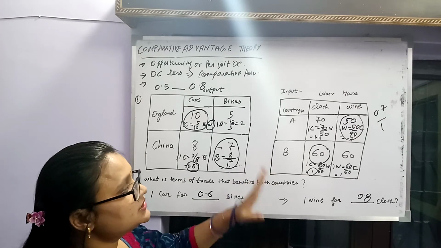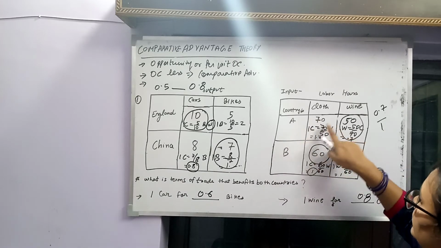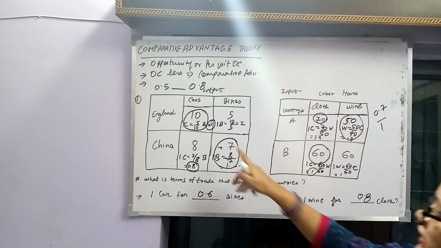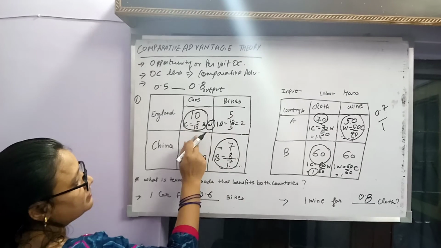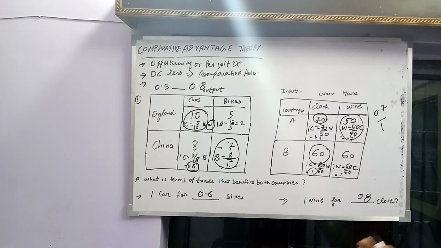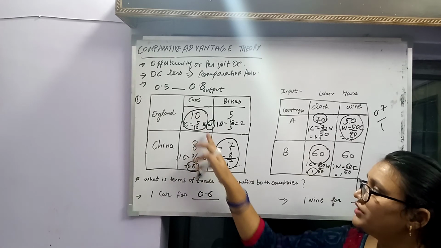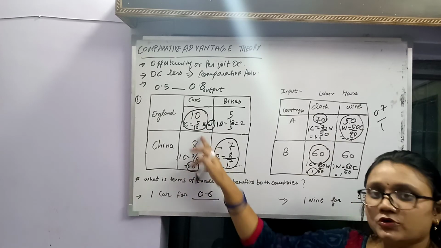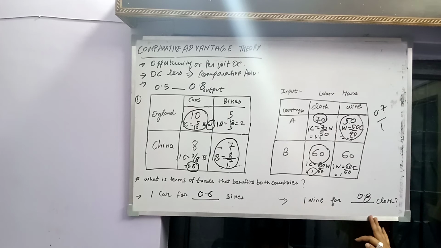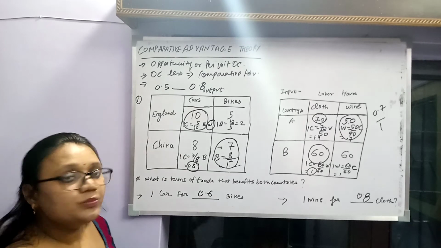In the case of labor hours, it is just the opposite: the opportunity cost is calculated by dividing the other way around. For the terms of trade, we take a number between the two opportunity costs for the same product, in this case and in the other case as well. So this is how we calculate comparative advantage, and I hope you understood it.